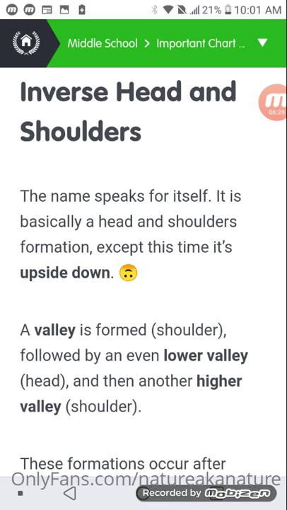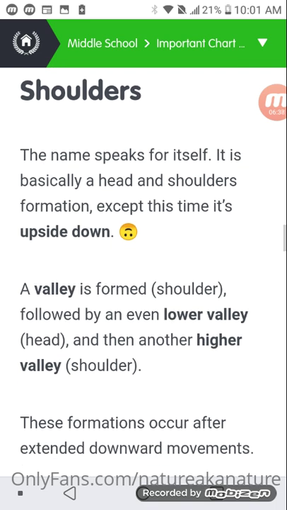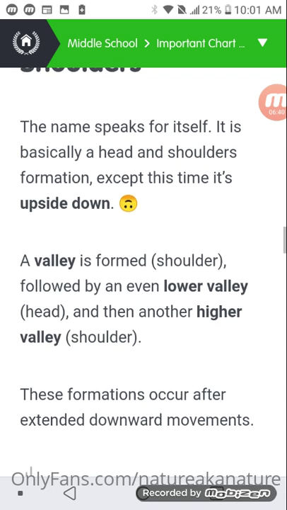So you have the first shoulder, which is low, then you have the head, which is even lower, and then it creates another shoulder, which goes back up, letting you know that price wants to extend back up and that the downtrend is over.